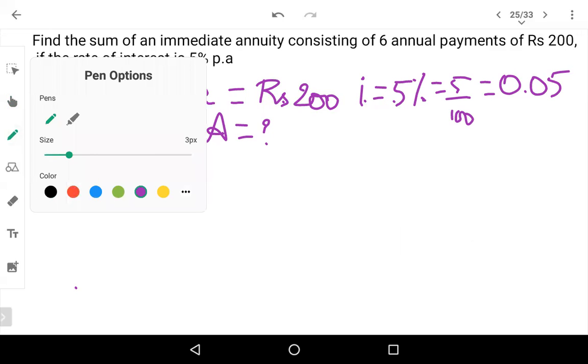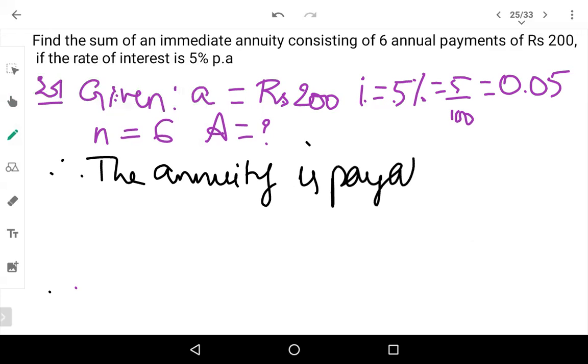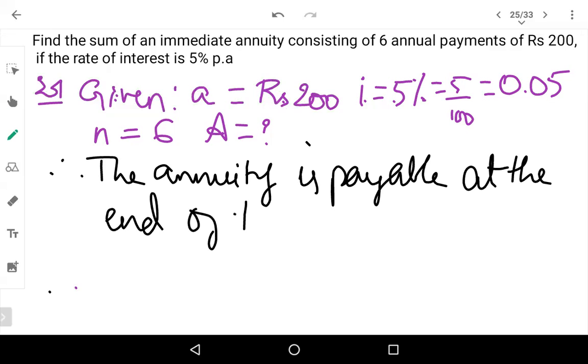So therefore this is a problem. We shall give that in a note here. So therefore the annuity is payable at the end of the period. After 1 full year they are going to pay the amount.